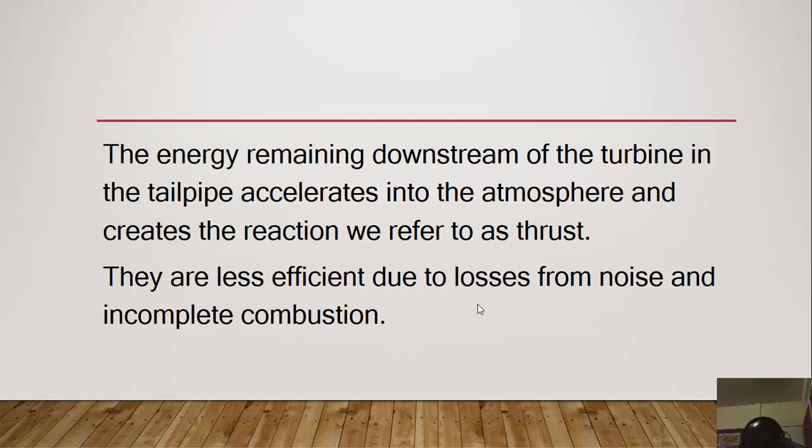The energy remaining downstream of the turbine in the tailpipe accelerates into the atmosphere and creates the reaction we refer to as thrust. They are less efficient due to losses from noise and incomplete combustion.